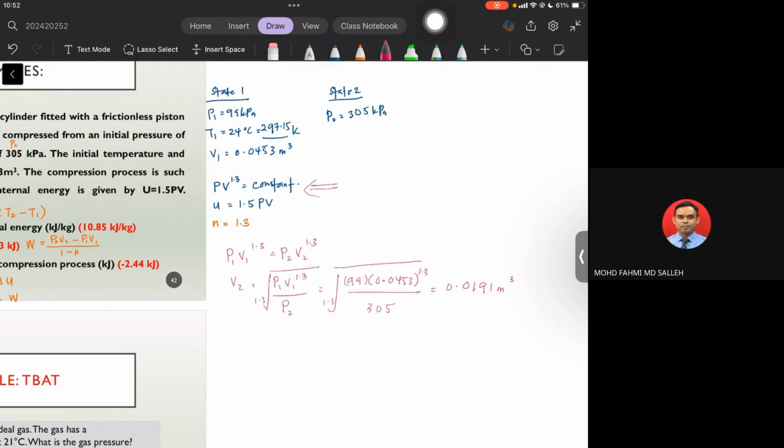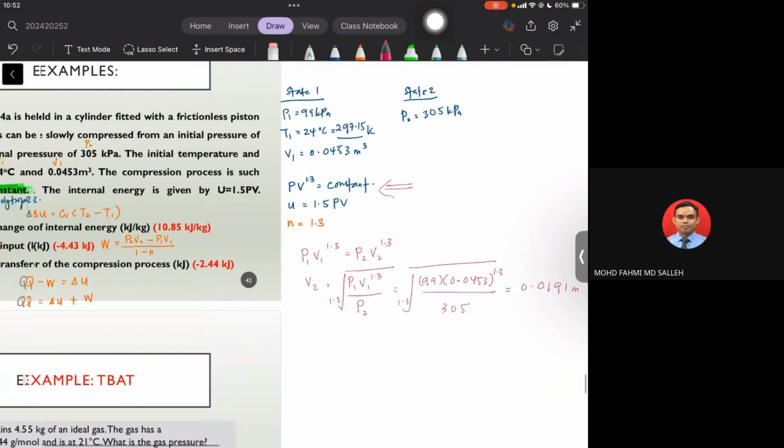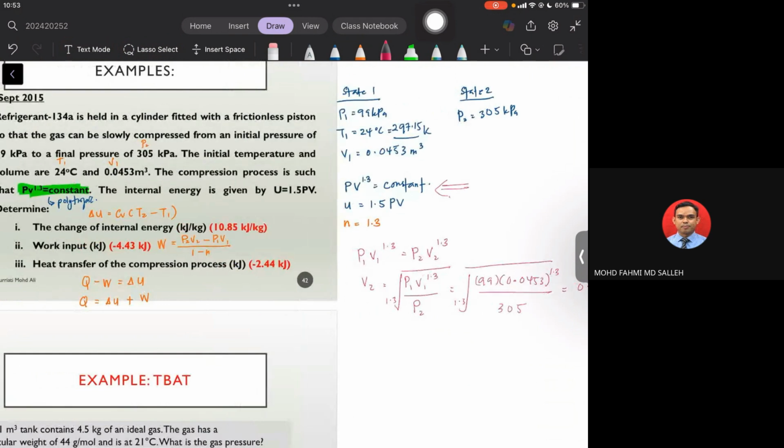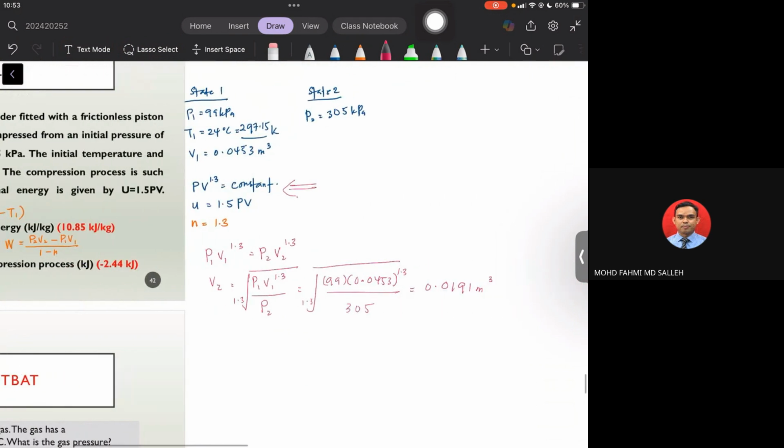Alright, so next we want to determine the change of internal energy, item 1 that is required by the question.